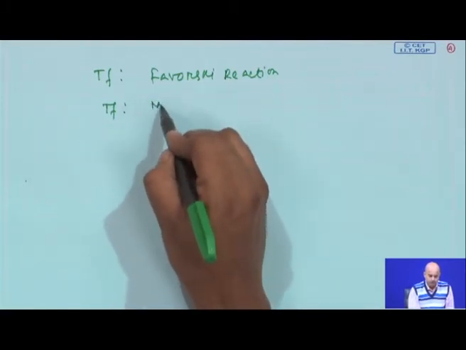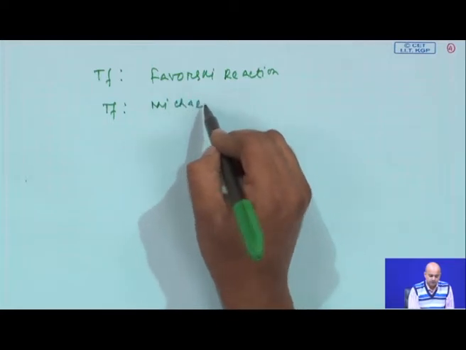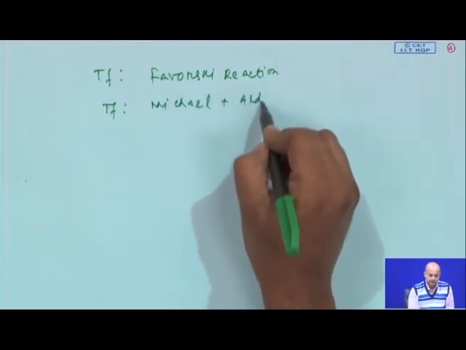You also use a Robinson annulation, which is nothing but a Michael aldol combination.